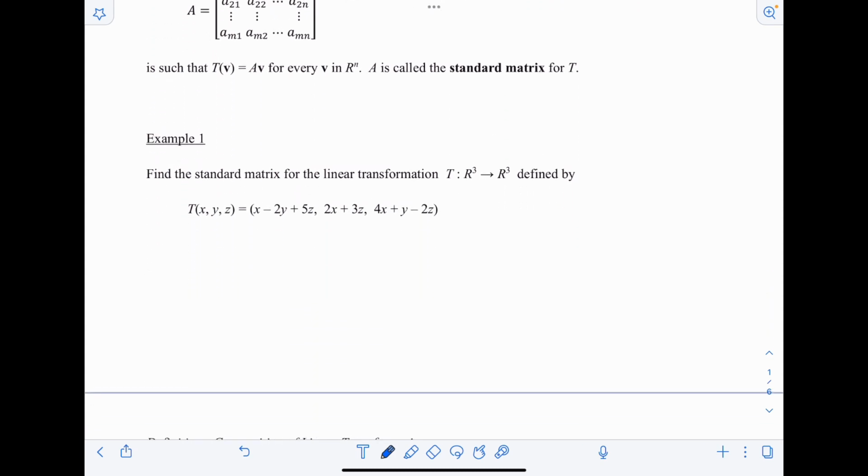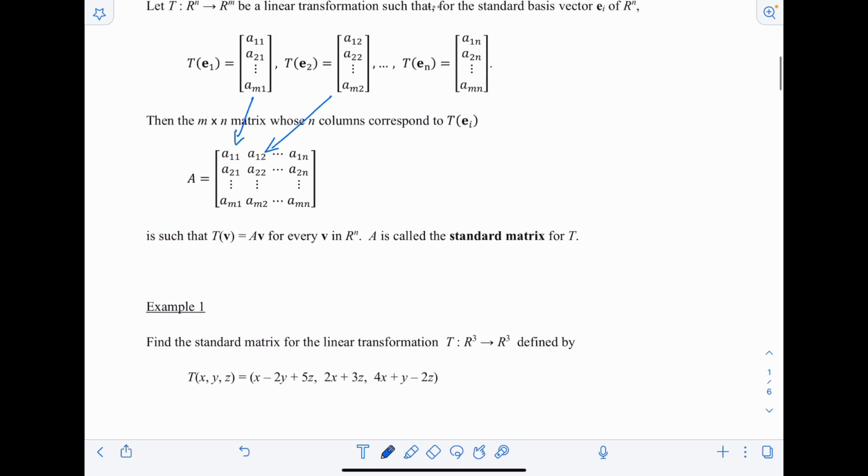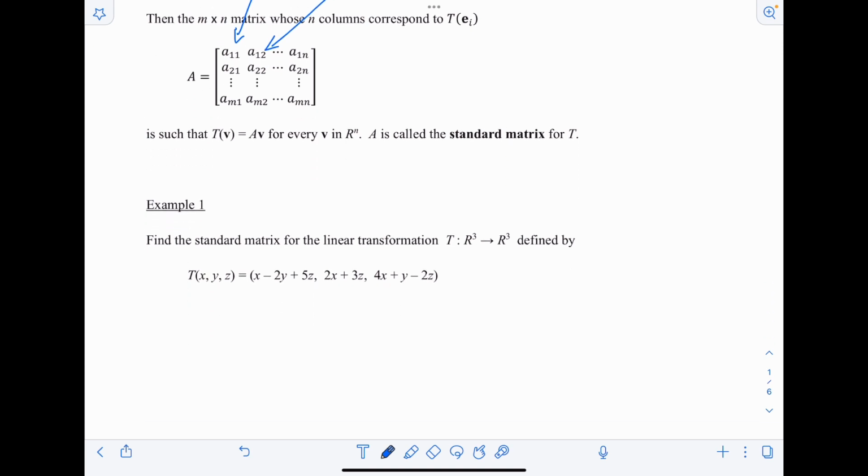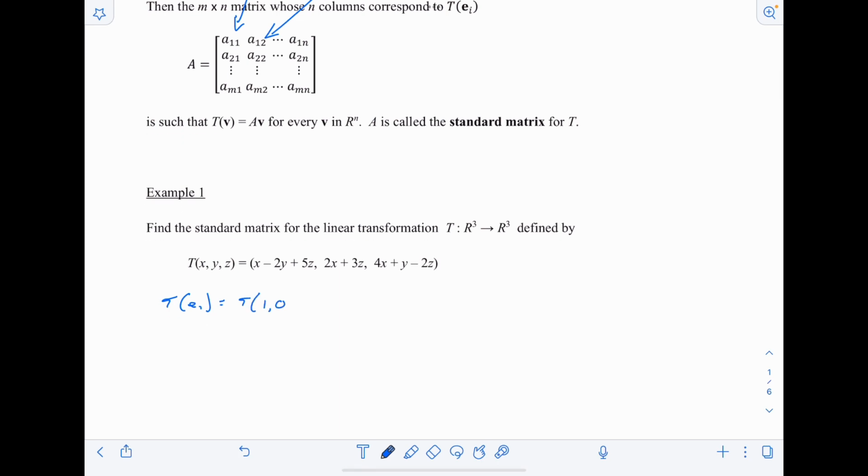It says the standard matrix for the linear transformation T mapping R3 to R3 is defined by T of x, y, z equals x minus 2y plus 5z, 2x plus 3z, and 4x plus y minus 2z. All right, so using the theorem, because we're looking for the standard matrix here, we're looking for a transformation that would map 1, 0, 0 onto the coefficients for x, which are 1, 2, and 4.